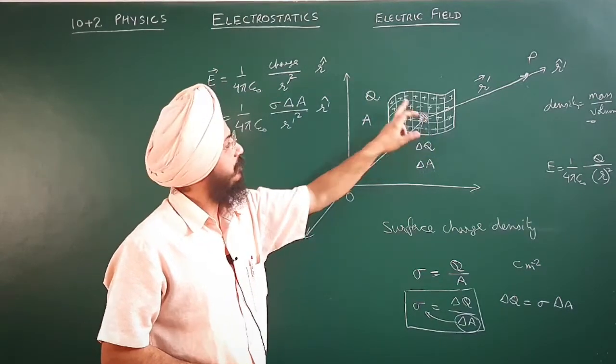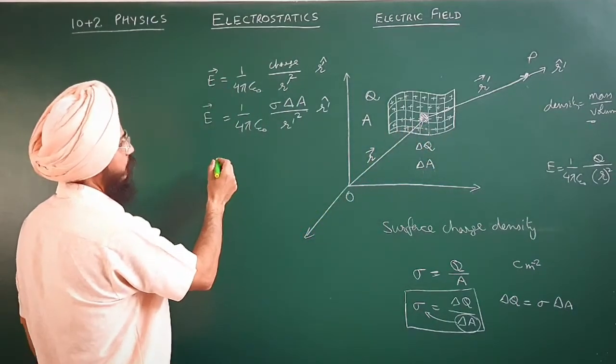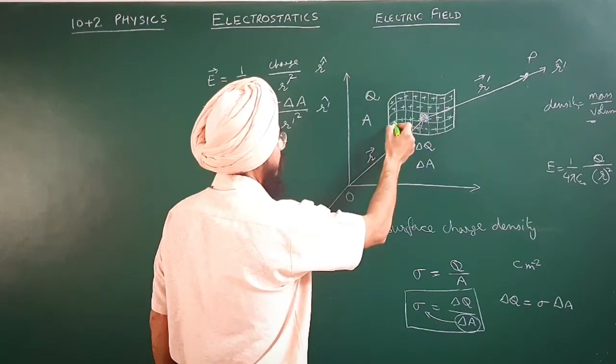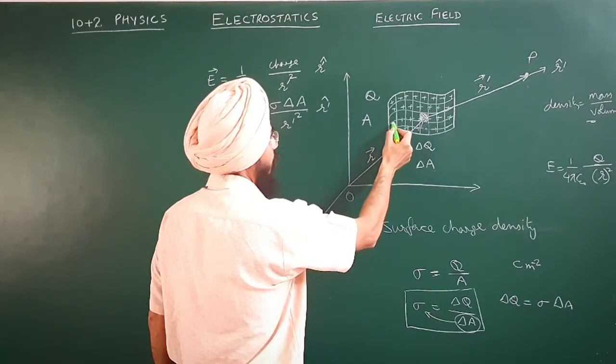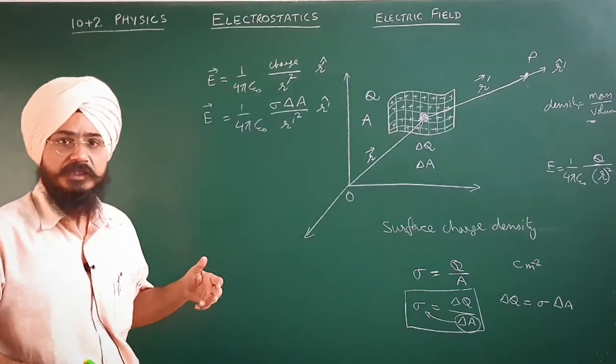How will you generalize it for the whole sheet? For the whole sheet of charge, I will do the sum of the electric field of all the area elements, which can be calculated separately.